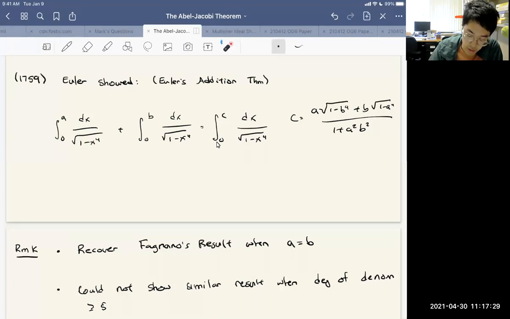Here inside of this square root, I have a polynomial of degree 4, and Euler could not generalize this result when the polynomial was of higher degree. We'll see in a little bit that this isn't because Euler just couldn't do it, but because there's no formula that looks like this when the degree is larger than 4. So this, for a long time, was the most general type of addition formula for these elliptic integrals.